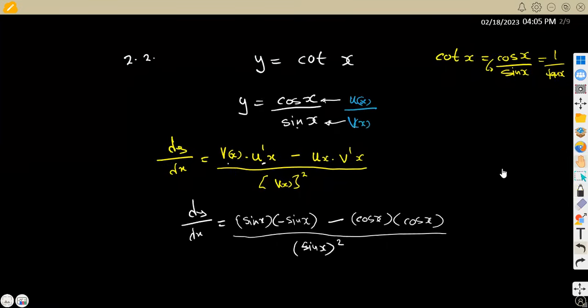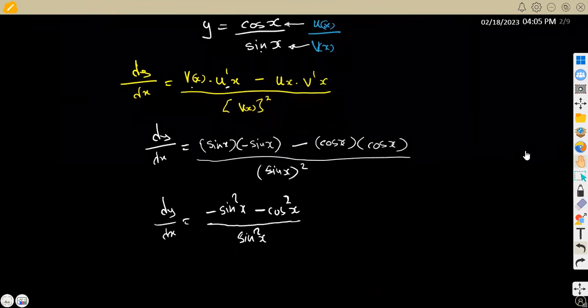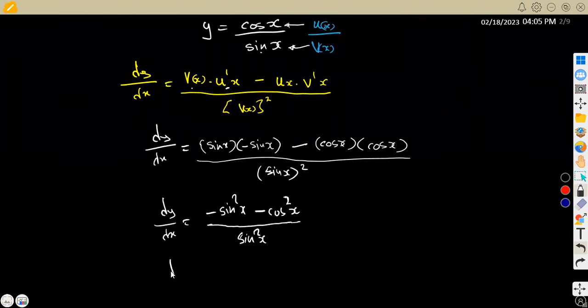All right, so we can actually simplify this further. If we multiply the sine and the sine here, we obtain negative sine squared x. Then we've got negative cos and cos, which is negative cos squared x. Everything over sine x squared, which is the same as sine squared x. Remember, this is sine times sine. We can simplify as much as we can, because on the top a negative is common.